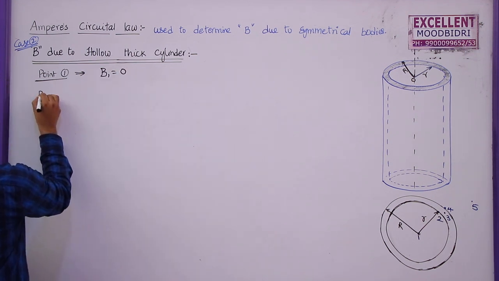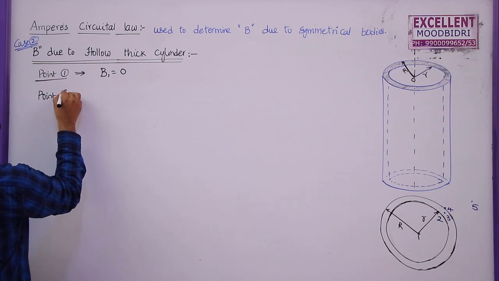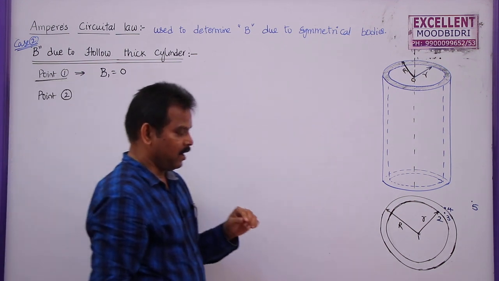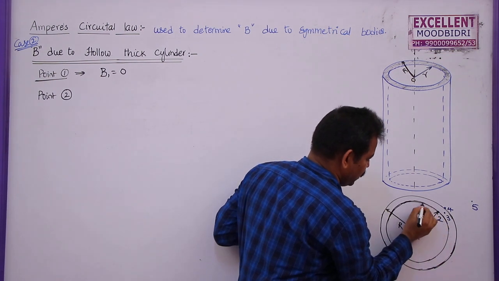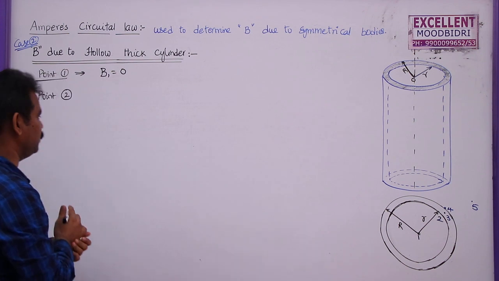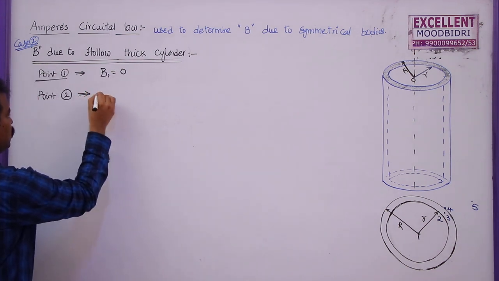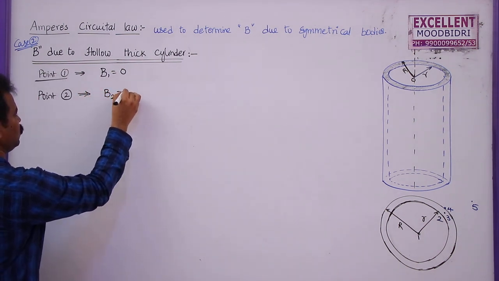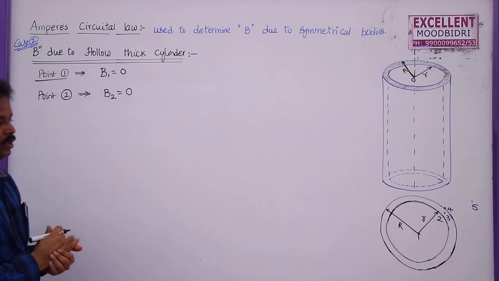Now point 2, that is a point on the inner surface of this hollow cylindrical portion. Here also the magnetic field due to this current will be 0. Why?